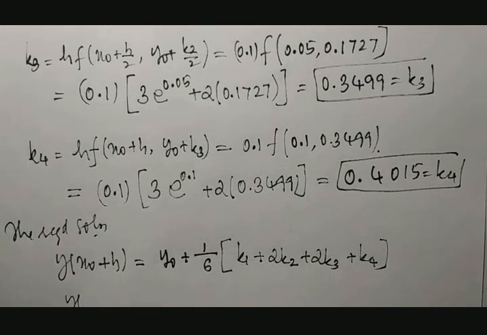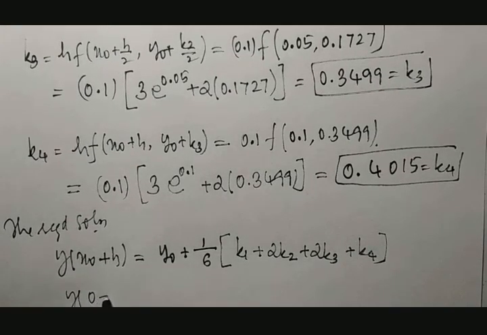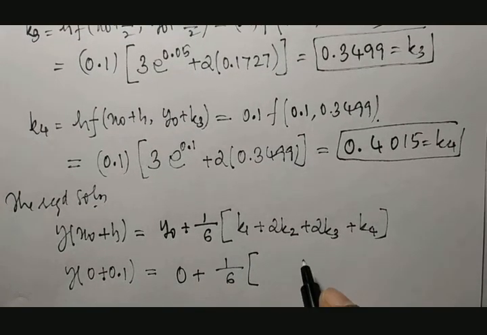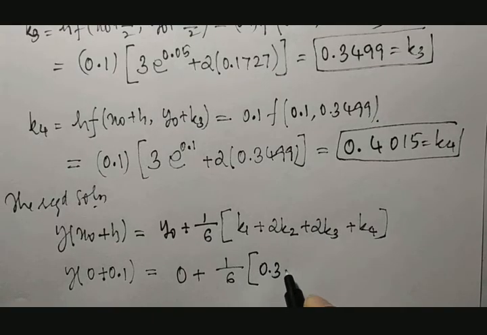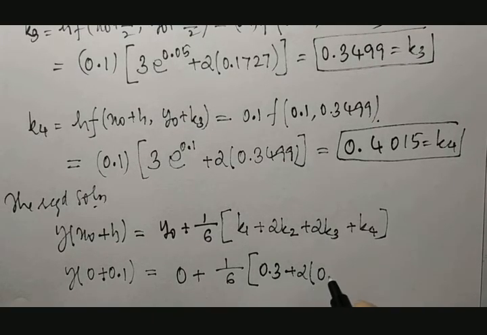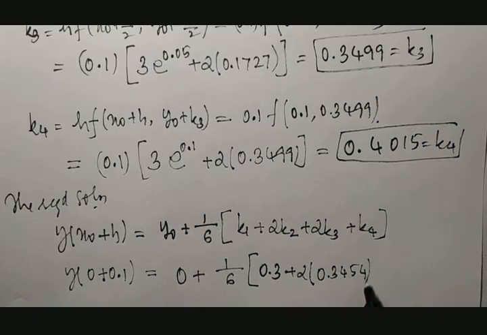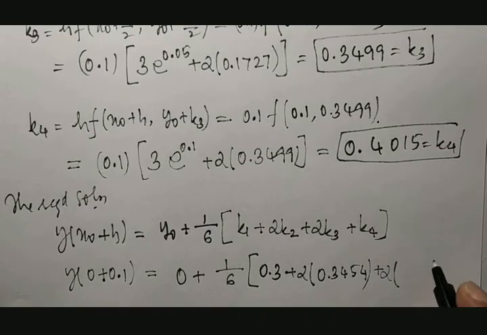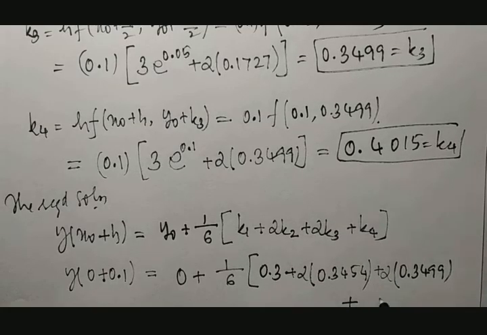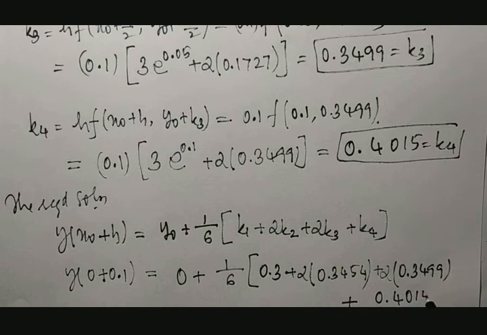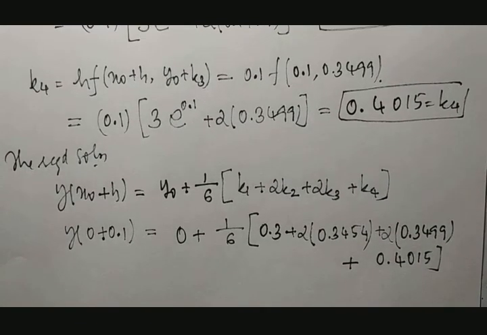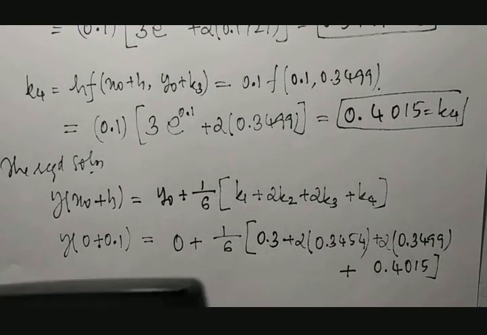So this is y(x0 + h), that is y(0.1), which is equal to y0, which is 0, plus 1/6 into k1, which is 0.3, plus 2 into k2, that is 0.3454, plus 2 into k3, that is 0.3499, plus k4, that is 0.4015.